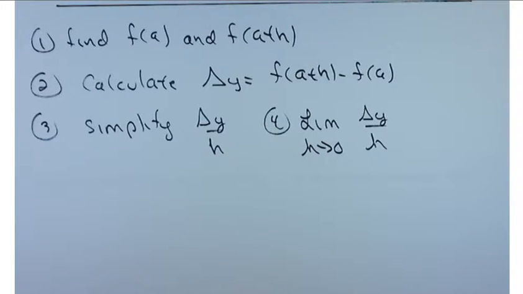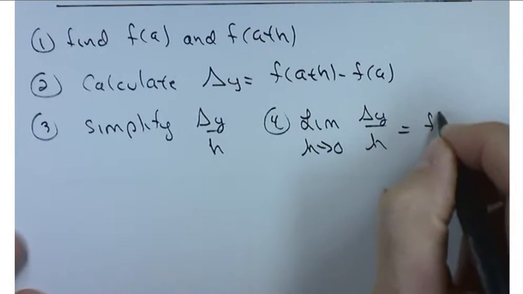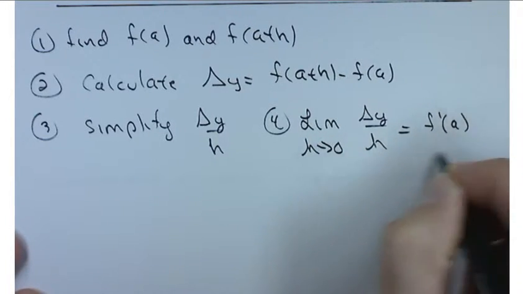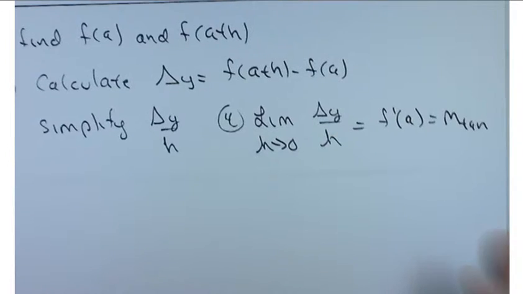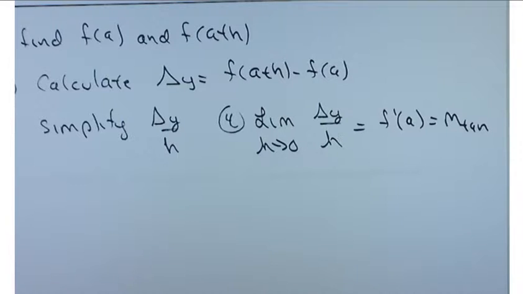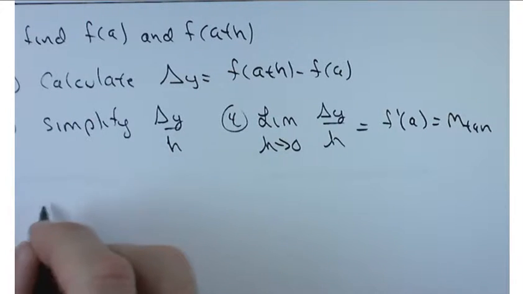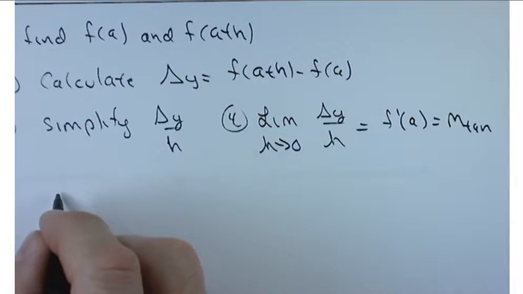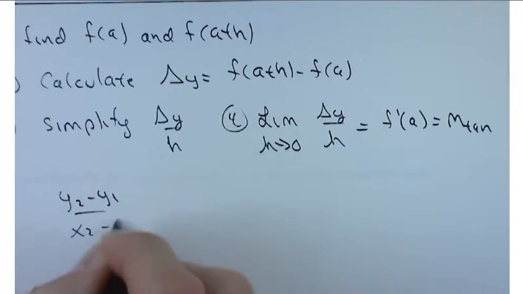Now, if you were to put all that together into one big expression, I'll show you what you get. But basically, we're going to get f prime at a, which is also the slope of the tangent line at a. That's what we're after. Really, this is no more than this process: y2 minus y1 over x2 minus x1.